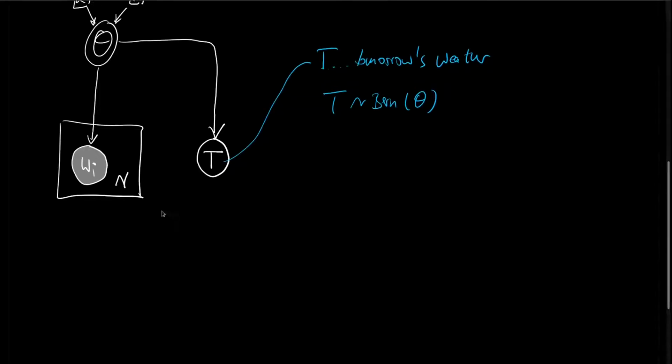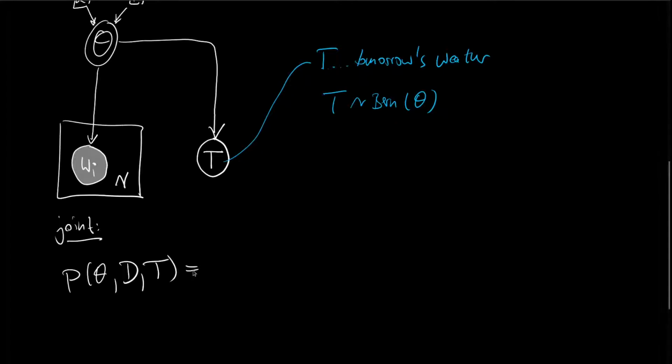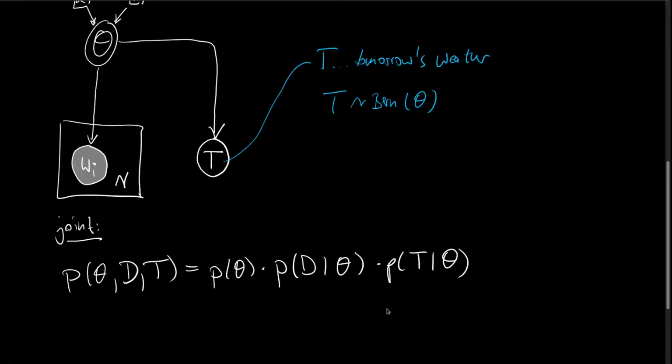For this, let us write down the joint distribution. The joint is a probability of theta, the dataset, and tomorrow's weather. According to the rules of factorization, we have p of theta times p of d given theta times p of t given theta.